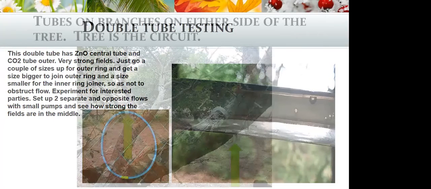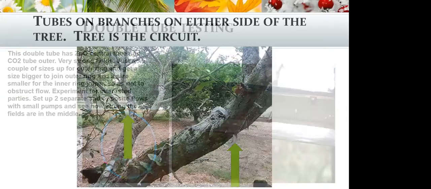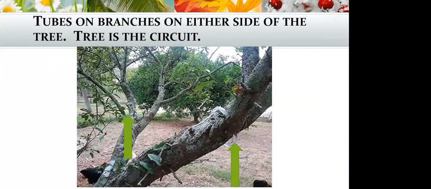Here we go. These are the ones on our tree. Because it doesn't have a single trunk, we've decided to put it on either side of the branches, two rings. And hopefully what will happen is that the tubes will create a flow and a conduit. The tree actually becomes the conduit of the flow.